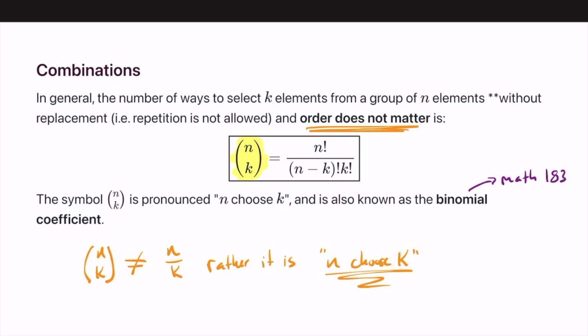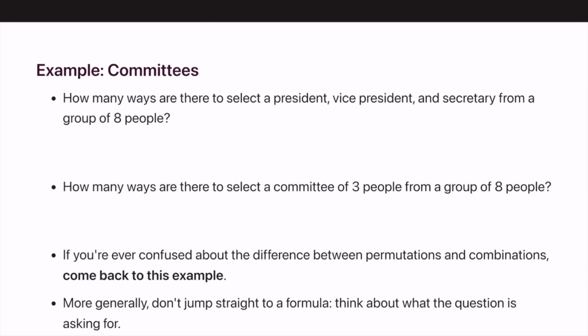Okay, let's work through a really brief example. How many ways are there to select a president, vice president, and secretary from a group of 8 people? Now, a thing to consider here is the difference between approaching this problem from permutations and from combinations.